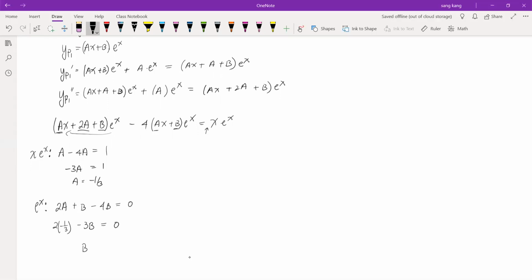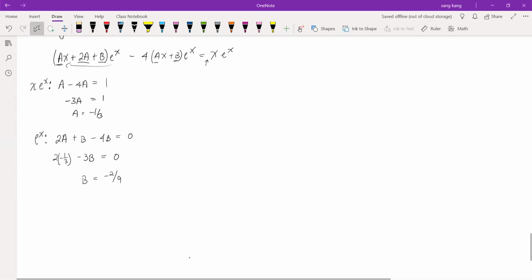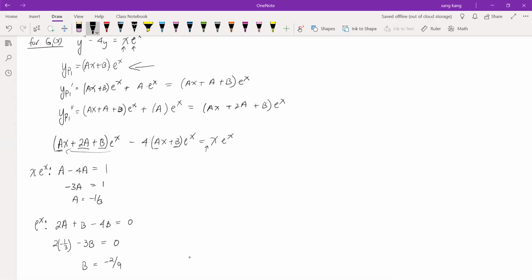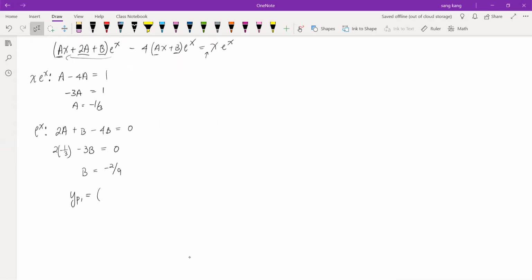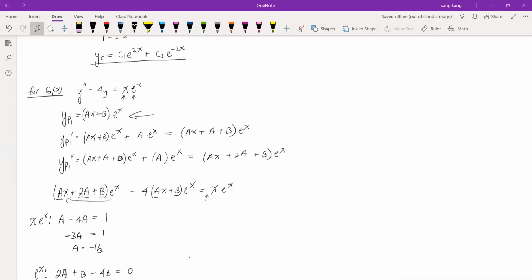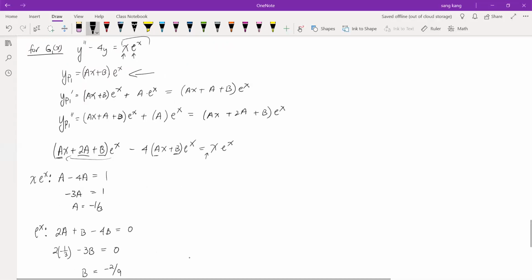So b equals negative 2/9. Okay, so my y particular 1 is going to equal, so I plug a and b into here, negative 1/3 x minus 2/9 times e to the x. Okay, so that's my particular solution when my g of x is just equal to this, x e to the x.